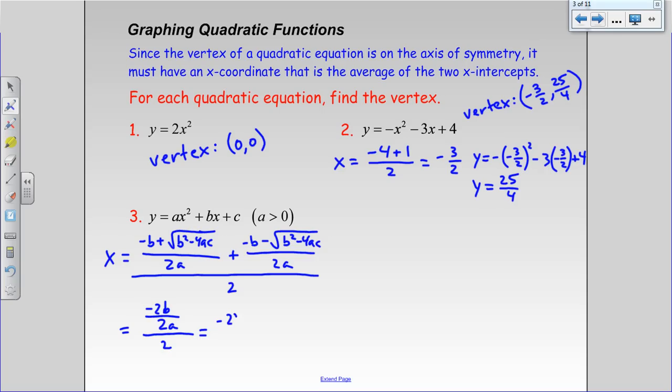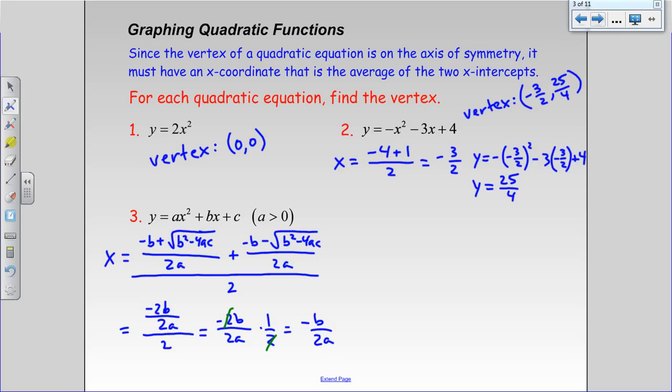That's the same thing as multiplying negative b over 2a times 1/2. Now we can remove a factor of 2 from the numerator and denominator to obtain negative b over 2a for the x-coordinate of the vertex of a parabola that has an equation written in standard form.